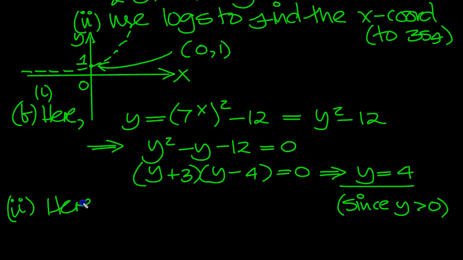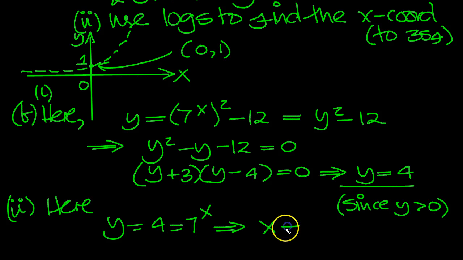Here, y equals 4 is equal to 7 to the power x. So let's drop this down to be the base and write this in log form from right to left. So this drops down to be the base, log 7 of 4, and I've written it from right to left.